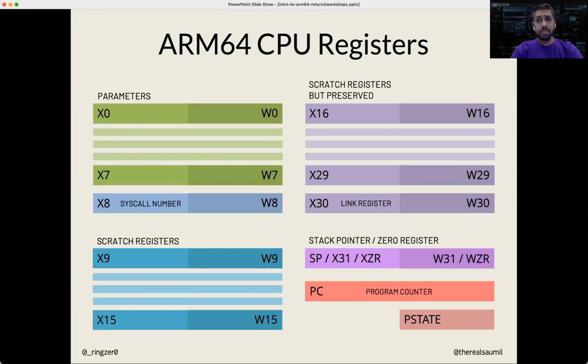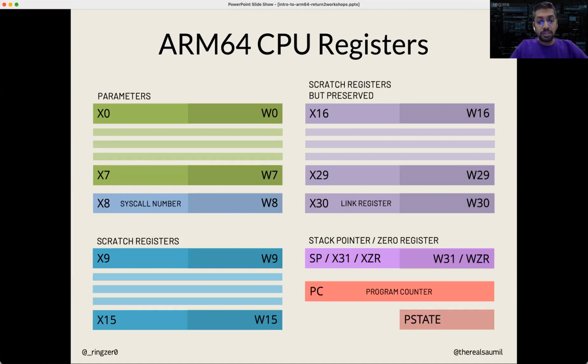Now, what do you want to use registers for? You'll use the registers to do your computation. And if you look at the most fundamental building block of a program, it is the function. In the simplest terms, a program is nothing but a collection of functions or subroutines which get called here and there. So registers are also used for handling functions.